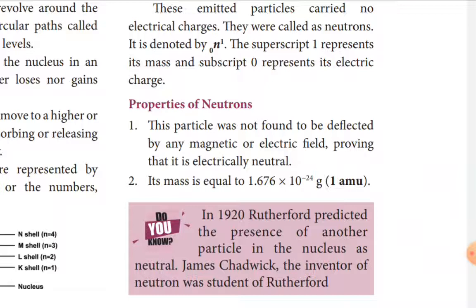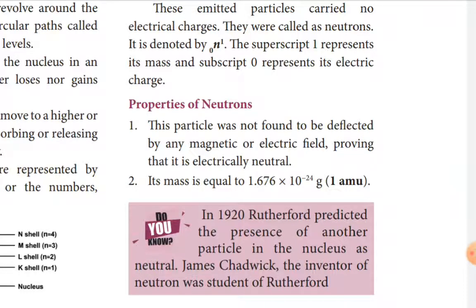He allowed the particle to pass through an electric field, with one positive and one negative electrode, and a magnetic field, and the particles were not deflected towards the positive or negative electrode, or towards north or south. This proves that these particles are neutral, carrying no electrical charge.